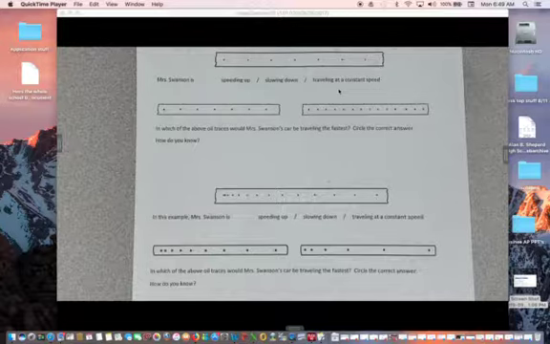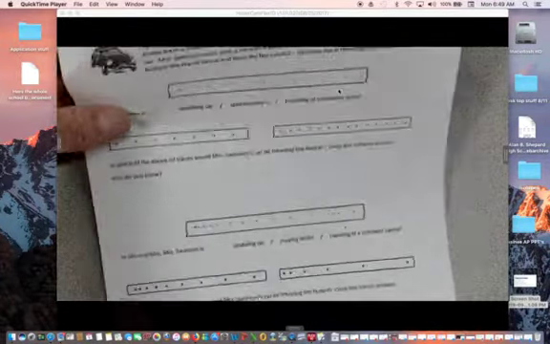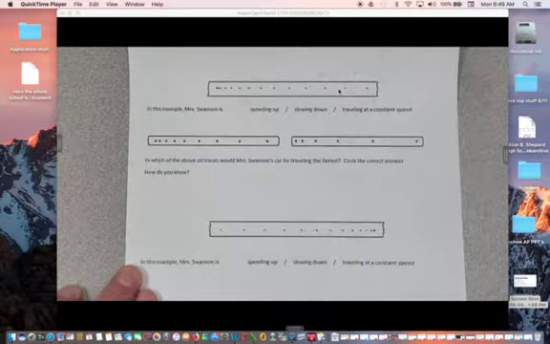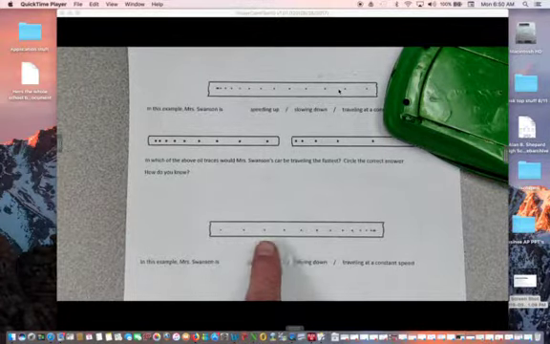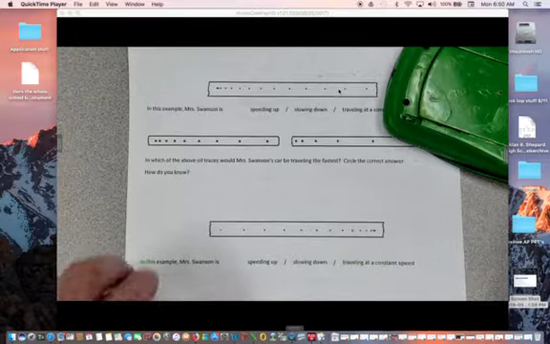And on the bottom, there was another one, in case you had a question on that one. Clearly, you can see the spacing's getting smaller. So this should be pretty straightforward.